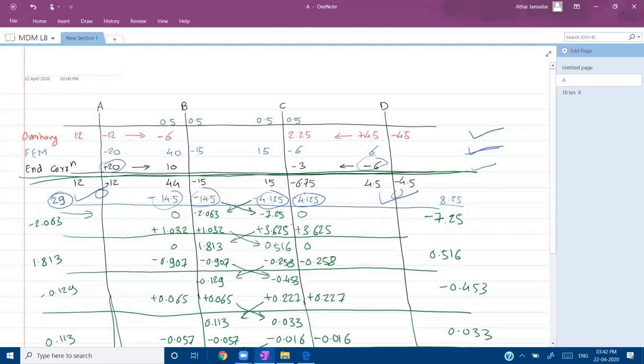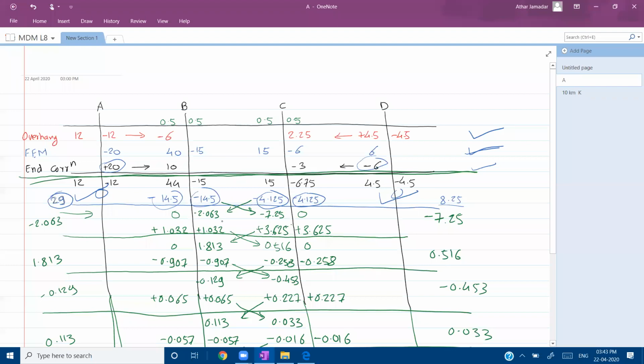From this step, in case of a three-span continuous beam or whenever there are two adjacent continuous supports, what we have to do is carry over the correction near the adjacent support to each other. So this 14.5 has been half carried over to support C, and this 4.125 has been half carried over to support B. So 14.5 by 2 is minus 7.25 and 4.125 divided by 2 is minus 2.063.